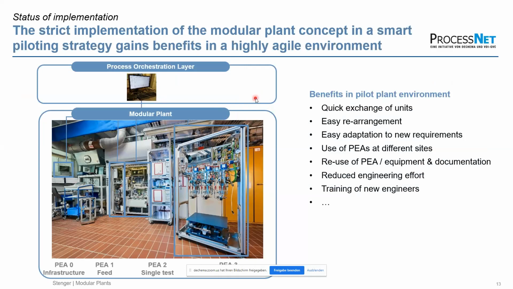And this gives you an insight into an example from Evonik. So this is how we set up our labs now. We set them up in modules. So we have the control boxes in each module available, and these are connected to the orchestration layer here, and we can easily exchange these modules in between.